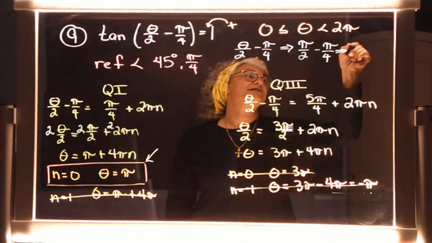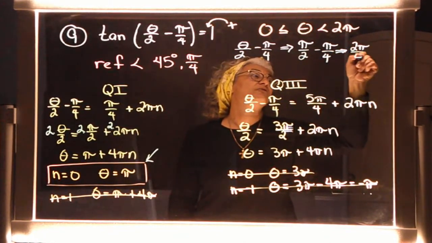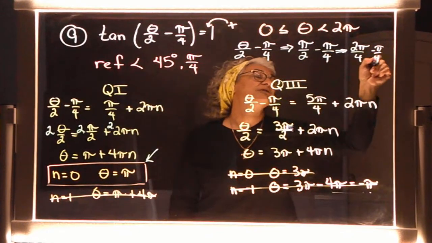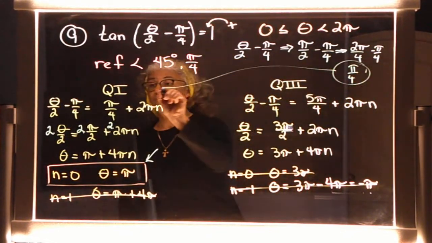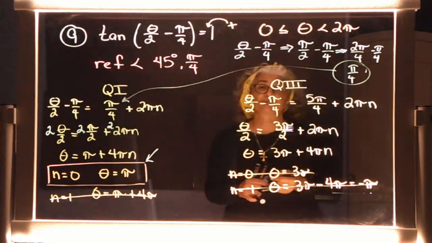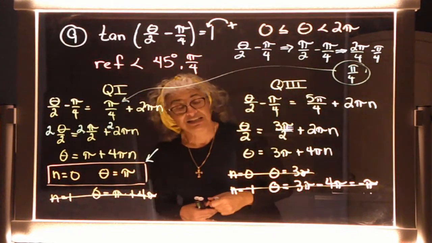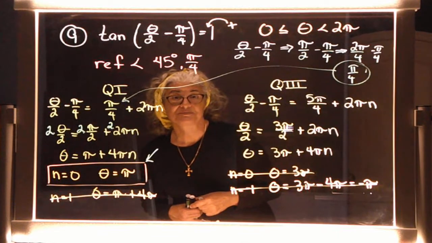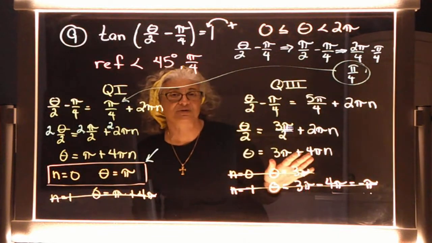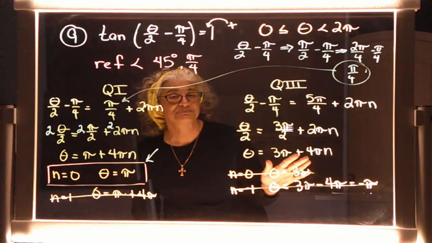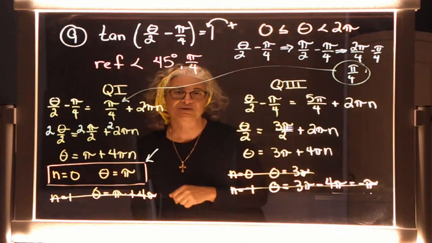This is 2 pi over 4 minus pi over 4, which is pi over 4, which is that quadrant 1 angle we said we were supposed to get. So I guess it worked. But there was nothing on this side. Nothing was going to get me that quadrant 3 angle. Cool? Hang in there. I'll be back with another example.